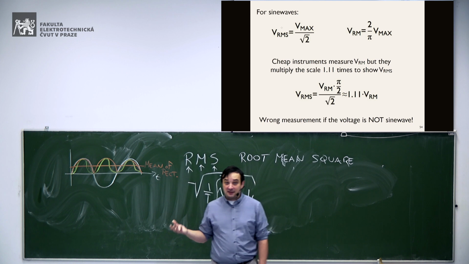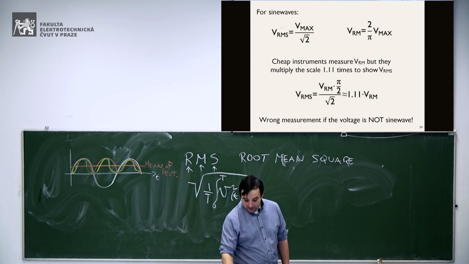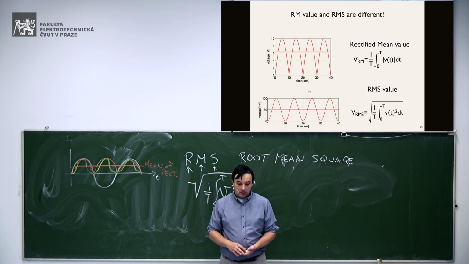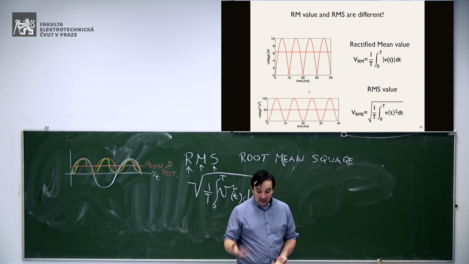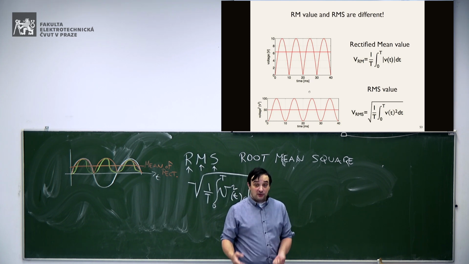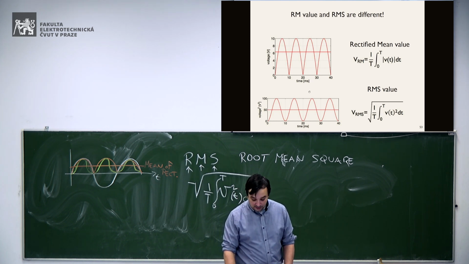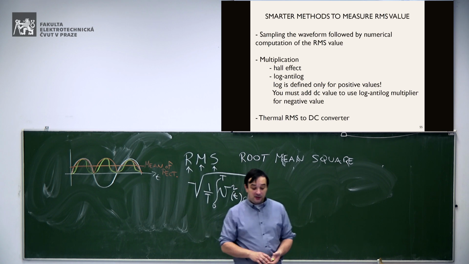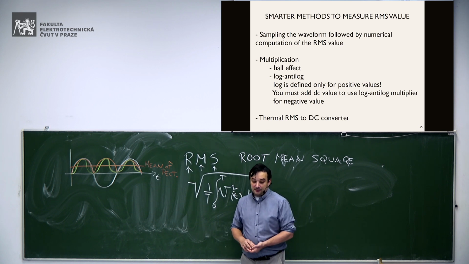If you have different waveforms here, you get a different value of the rectified mean value and RMS value, okay? And therefore that equation doesn't hold anymore. So we need better ways to measure the RMS value.